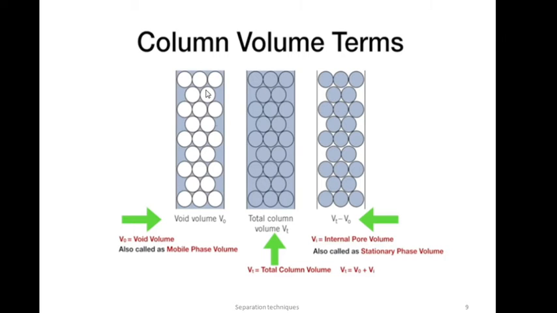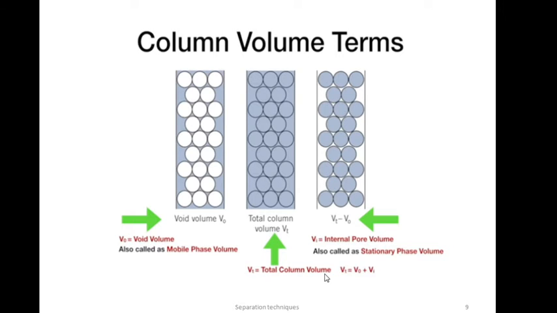V0 is the void volume. Void volume is the volume outside the beads, also called the mobile phase volume. The total column volume is the volume of the column along with the beads, and Vt minus V0 is the internal pore volume, which is Vi, also called the stationary phase volume.